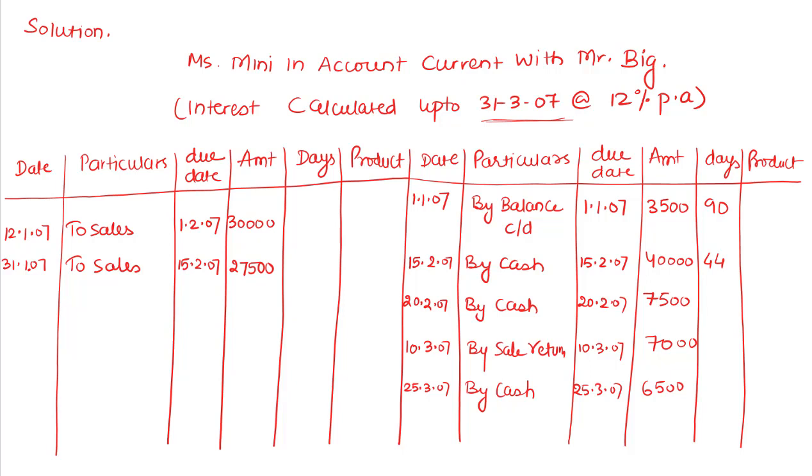In case of opening balance only, both the days should be taken into account. Over here we need to leave this date, from 16th to 28th of February, that is 13 days, and 31 days in March, 44 days. Likewise over here 28 minus 20, 8 days plus 31, 39 days.